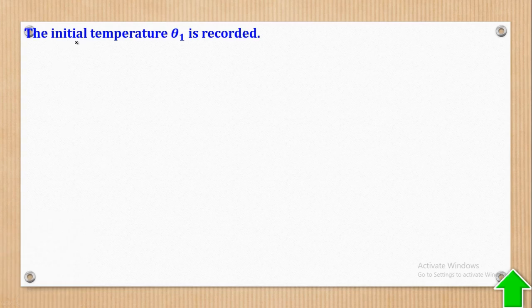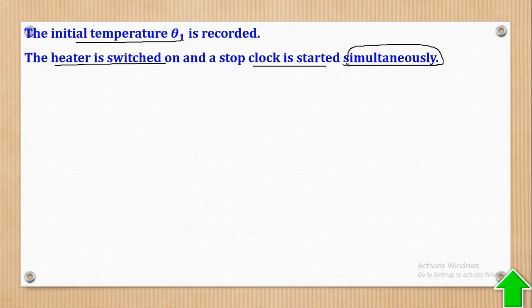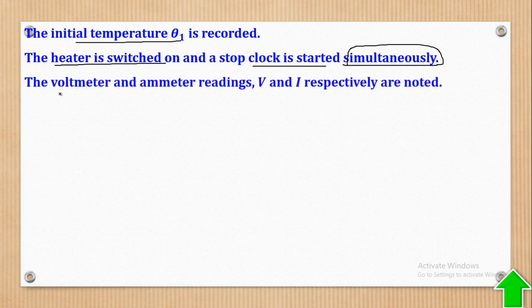So we have said that the initial temperature θ1 is recorded. Then after that we shall say that the heater is switched on and the stop clock started simultaneously. So they are started at the same time. The voltmeter and ammeter readings V and I respectively are noted.